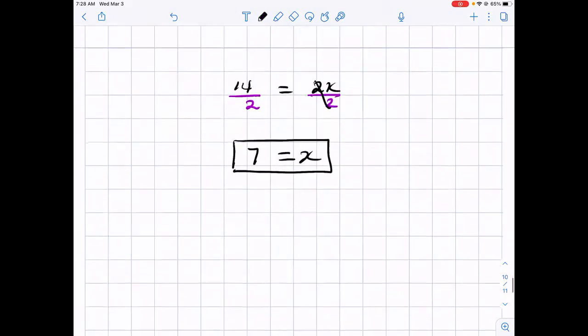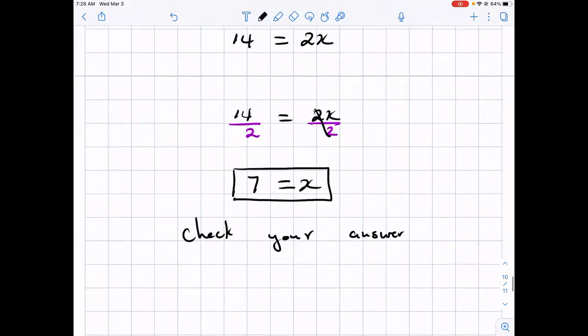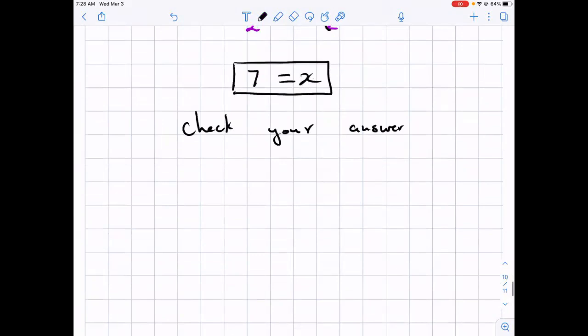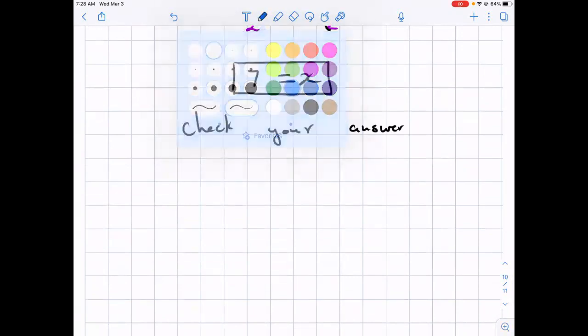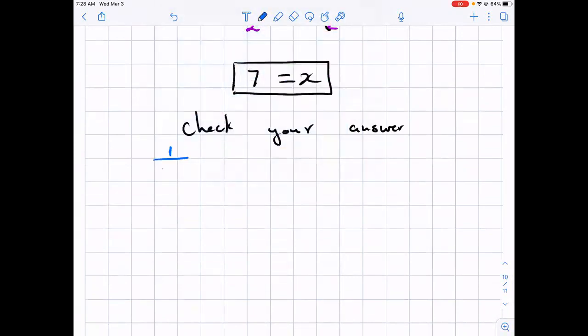Now, check your answer. What is important is that the original equation you have, your original equation, was 1 over x minus 2 equals 3 over x plus 2 minus 6 over x squared minus 4.